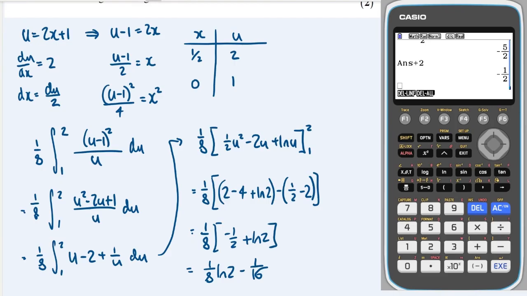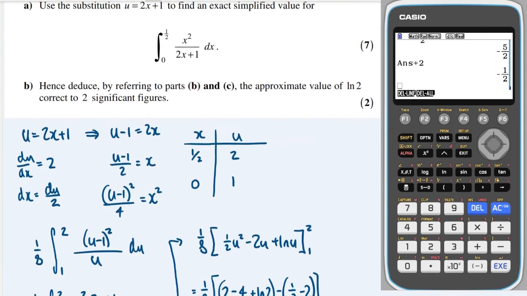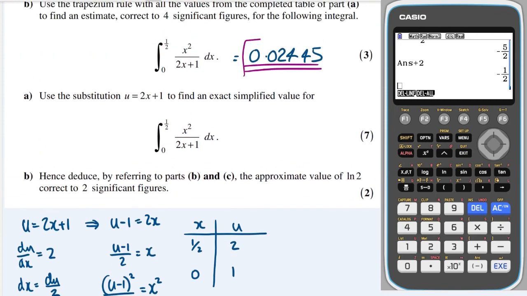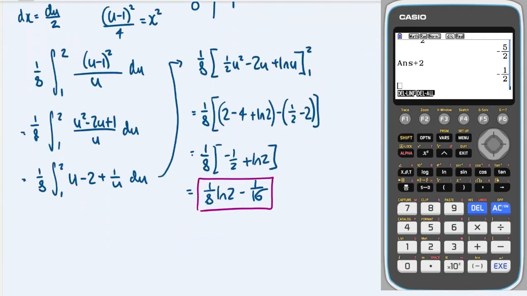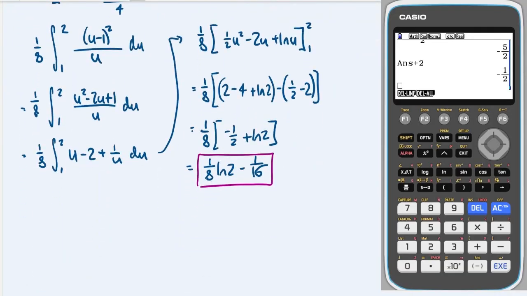Okay, so this is the exact value for the integral, and we also have this as an approximate value for the integral. So we can set these equal to each other. 0.02445.